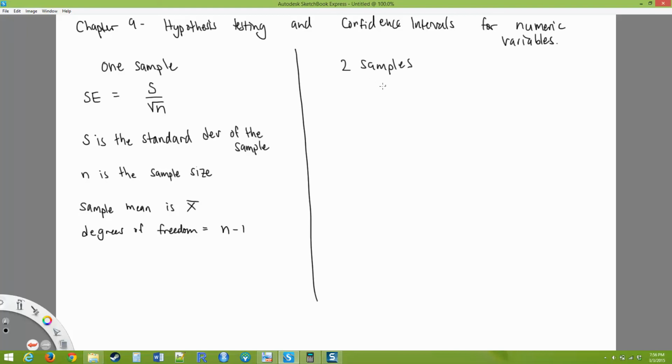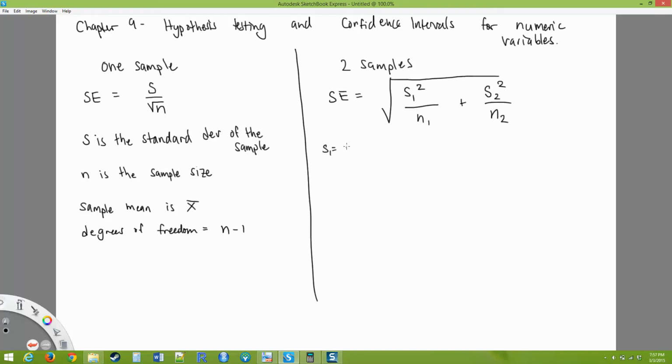When you have two samples, problems involving two samples, your standard error is going to be the square root of S1 squared divided by N1, plus S2 squared over N2, okay?